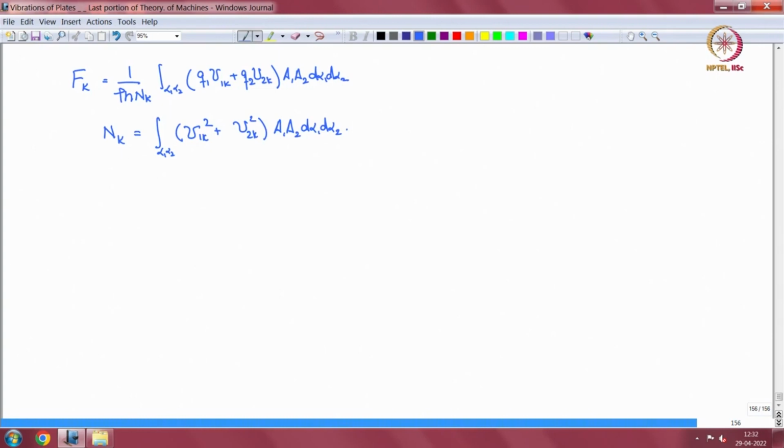So that is how f k and n k change with the type of system and the choice of displacement that we want to look at.